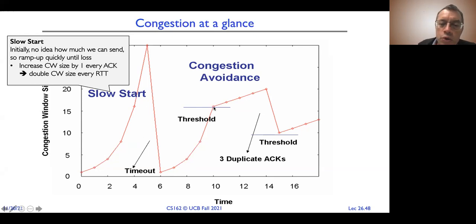But now you go only until this threshold. And this threshold is the congestion window in the previous slow start where you were still successful. All the packets made it, right? So the congestion window was 8. I sent 8 packets, I got 8 acknowledgements.